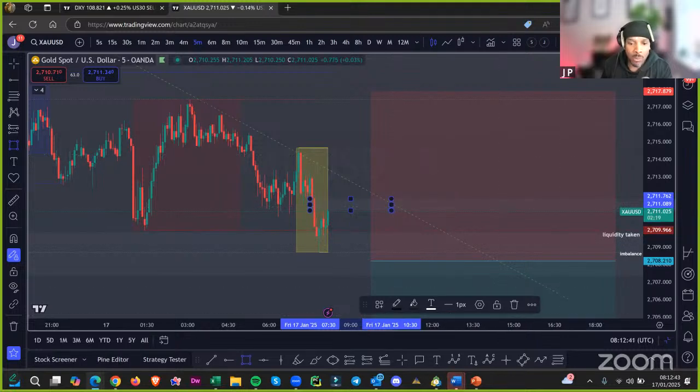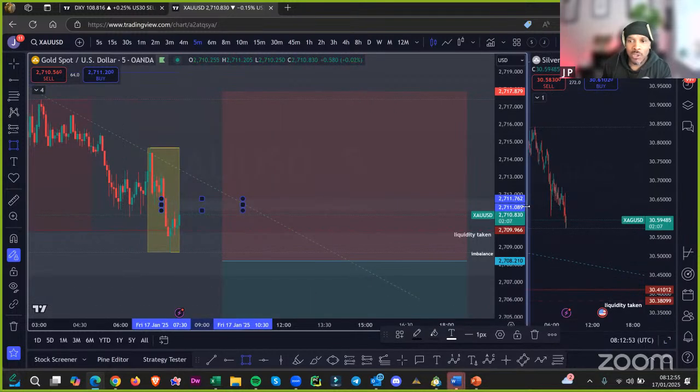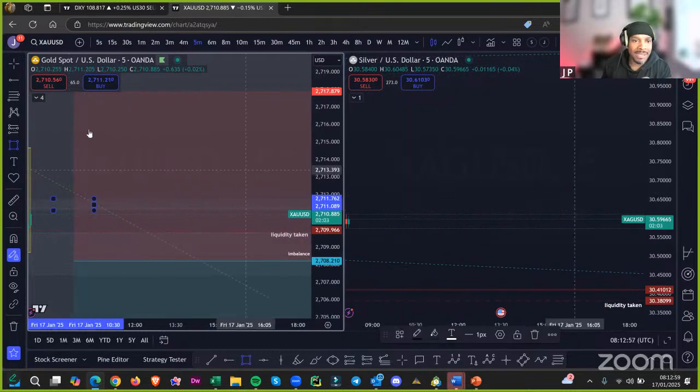Another thing that we can do, as we spoke about, is look at some additional confluence in the form of our divergence and our correlating pairs. So this XAU, which is gold, has a correlating pair, which is silver.